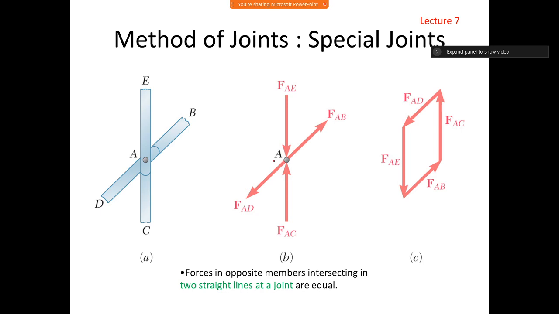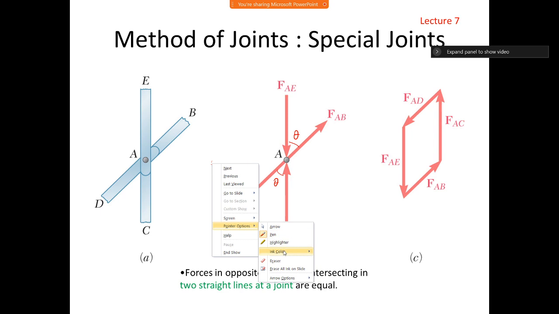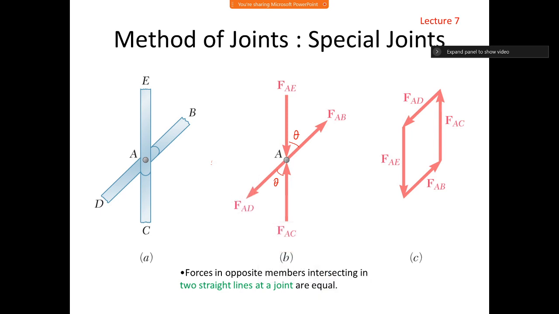Now this angle will be equal to this angle, and therefore, if I take a component of FAB perpendicular to this FAE line, something like this, and as well as a component here, then this component is FAB sine theta, and similarly this is FAD sine theta.